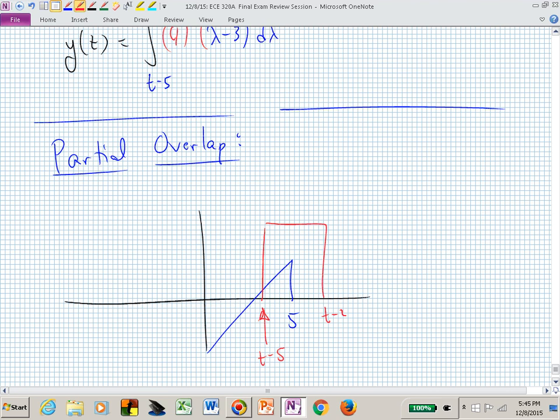And this occurs when t minus 2 is greater than or equal to 5 and when t minus 5 is less than 5. Or when we now have t bigger than 7 and less than 10.